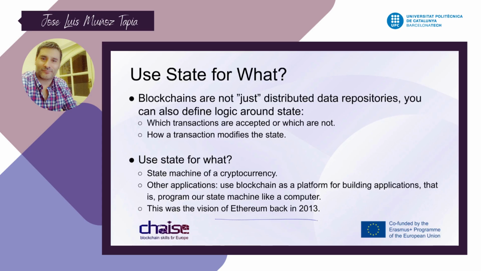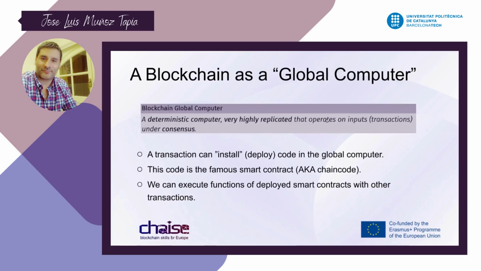The vision was to understand the blockchain as a global computer, in which you can create your own applications. Creating your own applications means that you can define how transactions are going to be processed. So Ethereum sees the blockchain as a global computer.